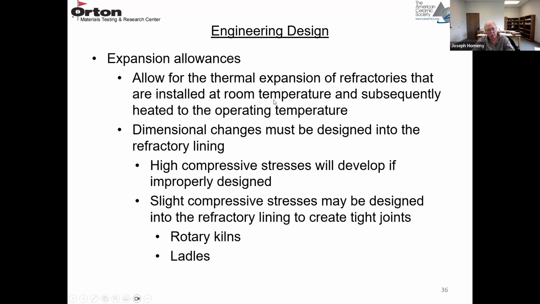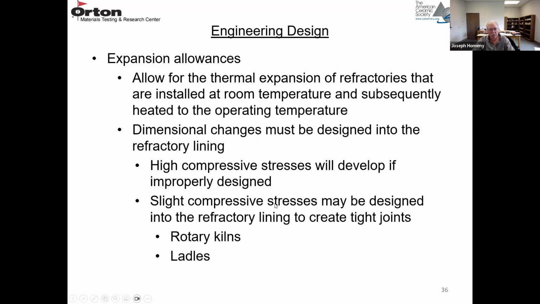So this takes place when you heat a lining from room temperature to whatever the operating temperature is. And we mentioned the formation of some compounds like spinel or mullite are desirable. You can engineer them or design them into the refractory lining, but you have to be aware you can develop compressive stresses if you don't design these properly.